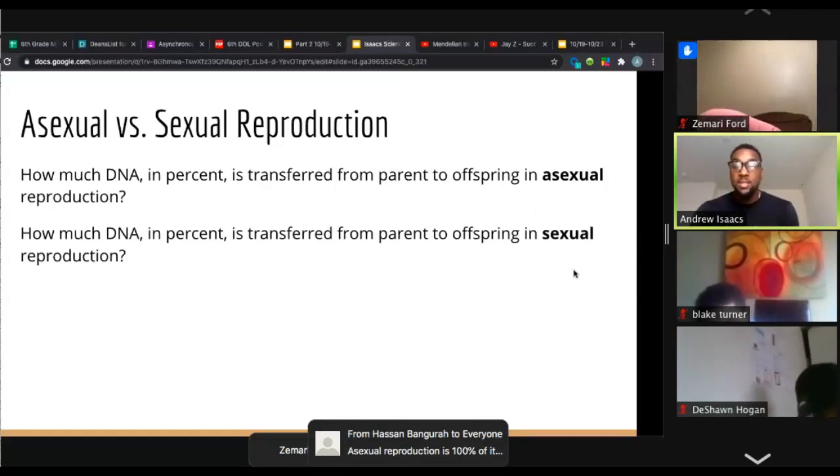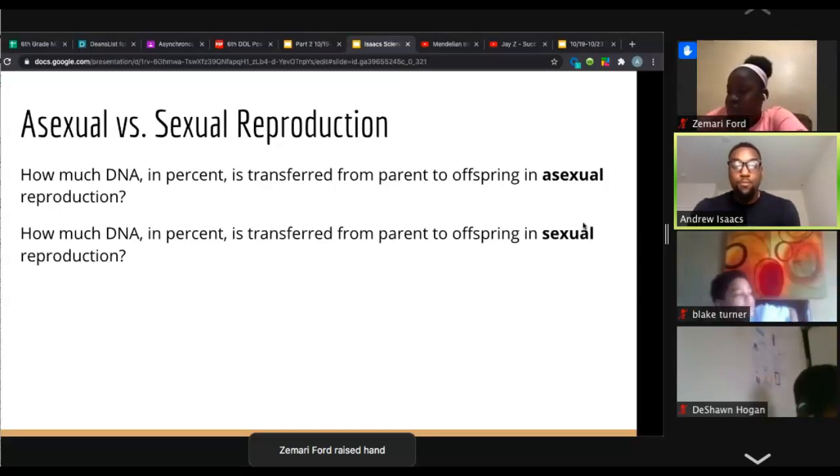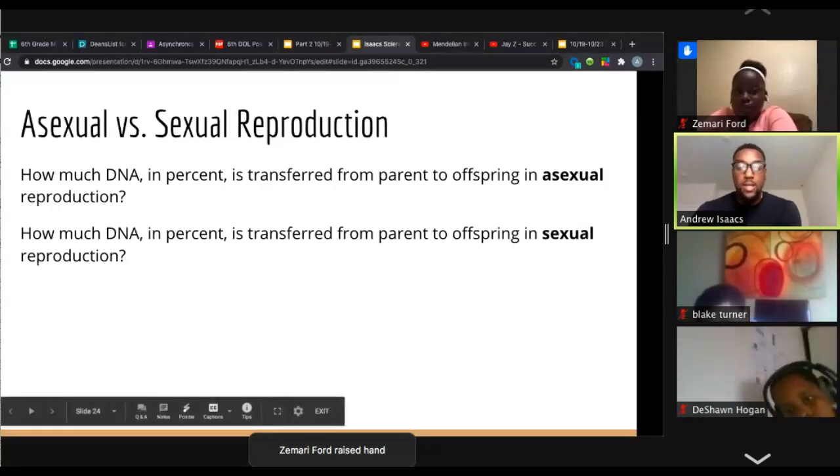So if that's the case in asexual reproduction, how much DNA in percent is being transferred from a parent to offspring in sexual reproduction? Let me know in the chat.